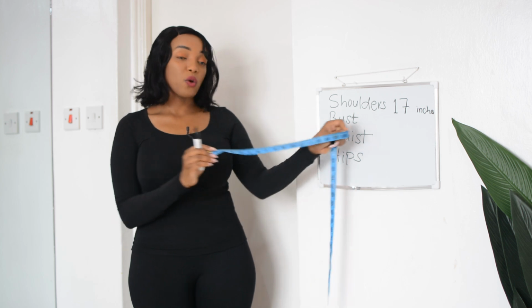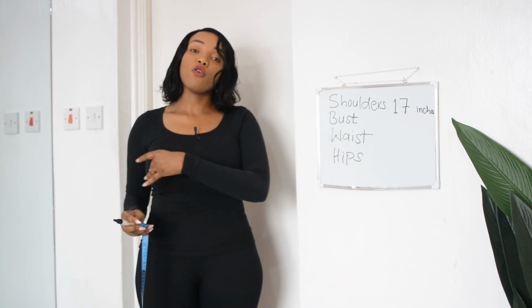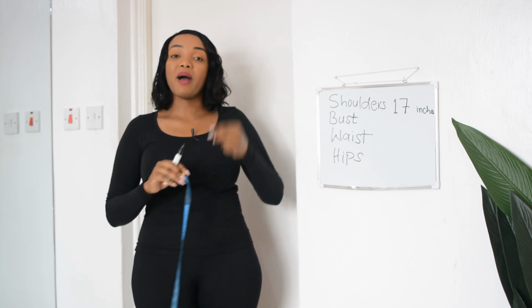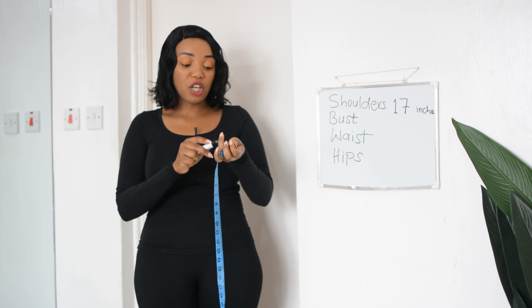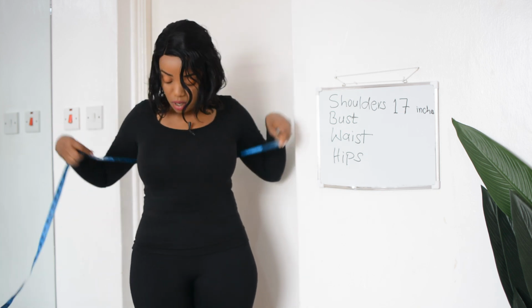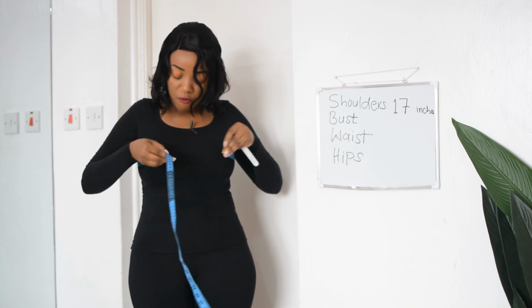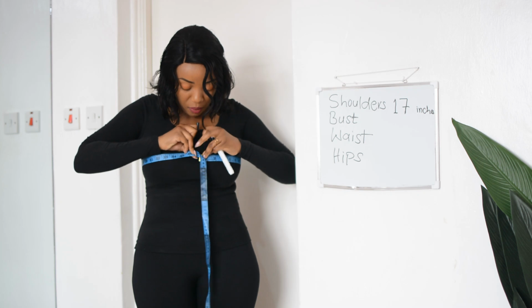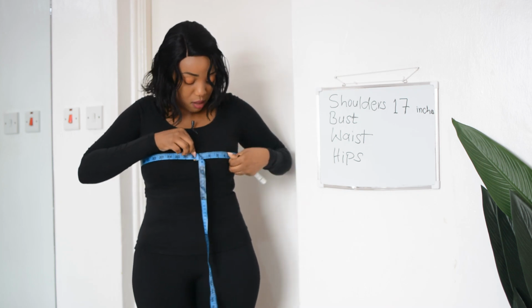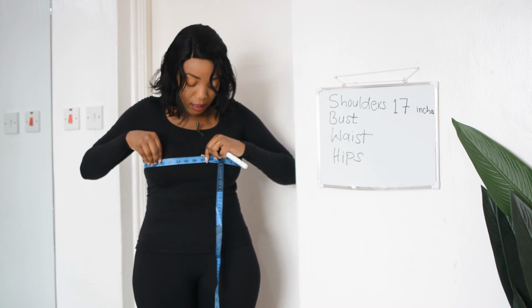Now, the other thing that we're going to come to is the bust area. For your bust area, you're going to select the fullest part of your bust. So you're going to take the tape measure and put it around you. And it should not be so tight, so leave some space.